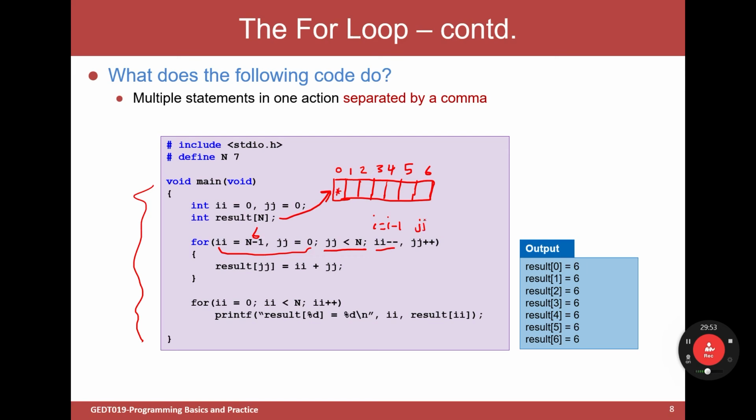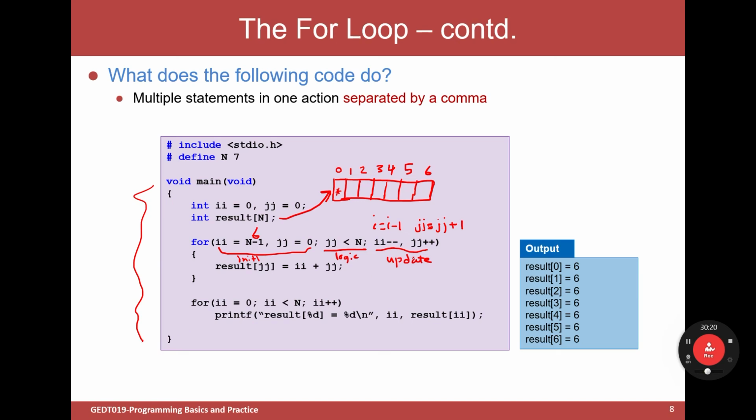This means jj equals old jj plus 1. So there are two updated variables: this one is the update, this one is the initial, and this one is the logic. Between them there is a semicolon.